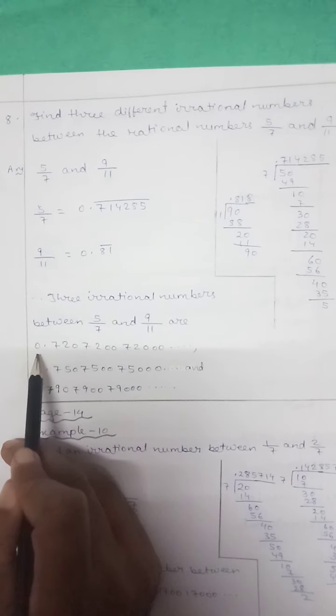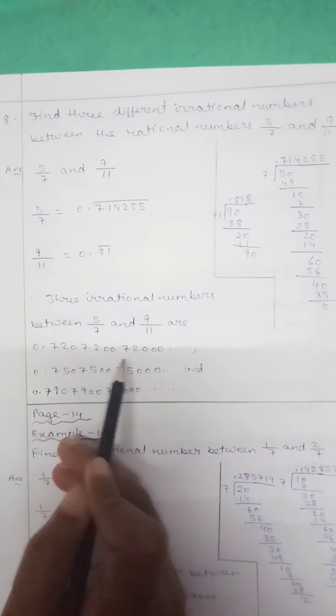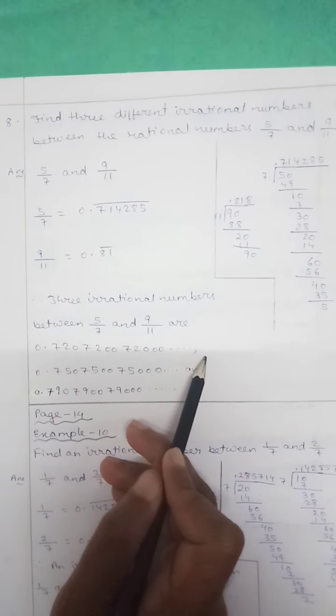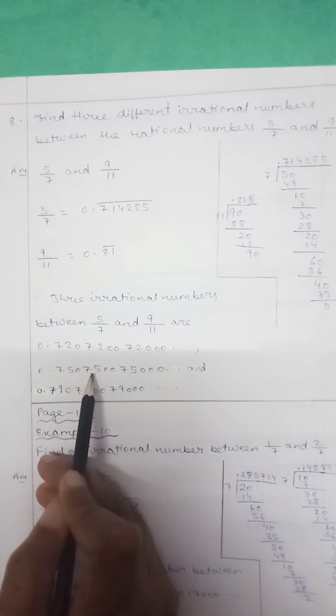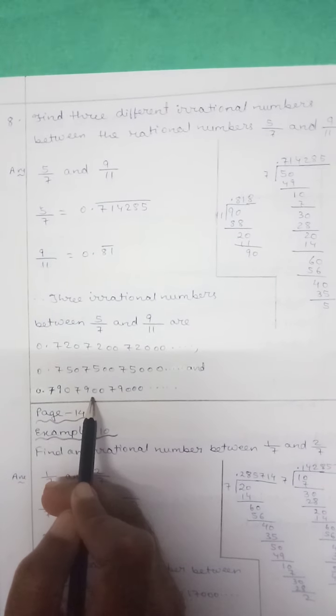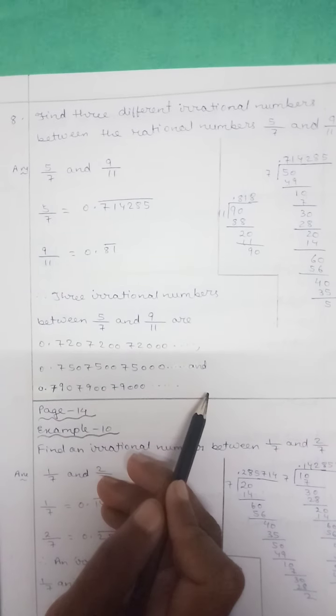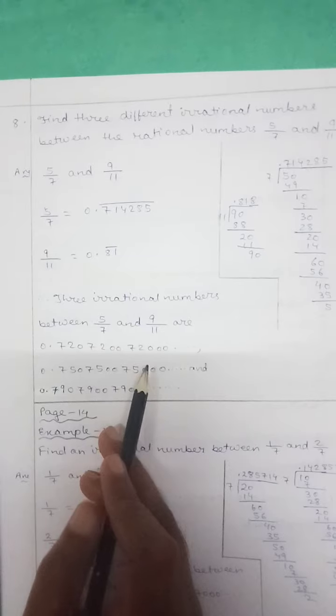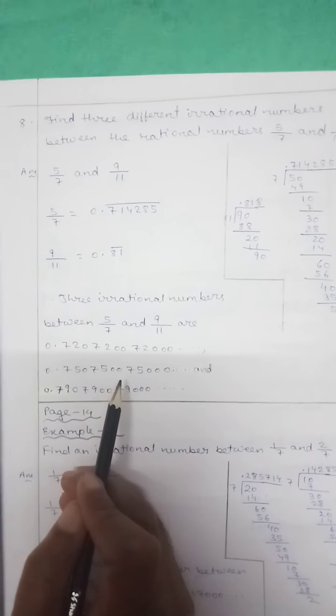So I made it like this: 0.720, 7200, 72000, and so on; 0.750, 7500, 75000, and so on; 0.790, 7900, 79000, and so on. So one format I have used, but between 71 and 81.